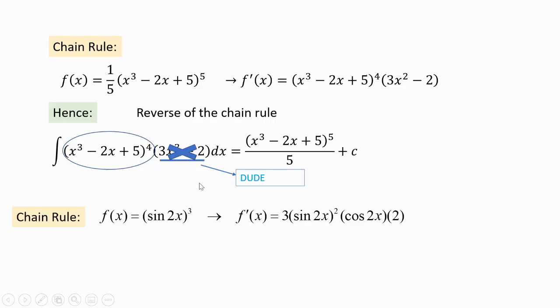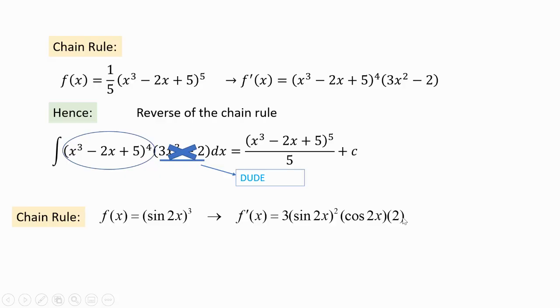If we have a look then at the chain rule when it comes to trig, the same sort of thing applies. So this is now a power function. I've got sine 2x, cubed. If I had to find the derivative of this, the chain rule would have been: find the derivative, so it would be 3 sine 2x squared, which I've got here, times the derivative inside, times the derivative of that angle.